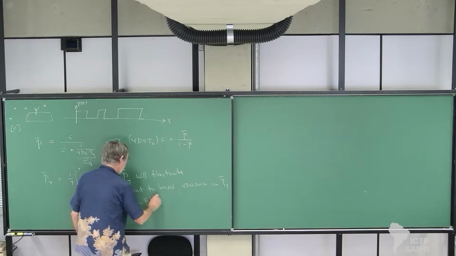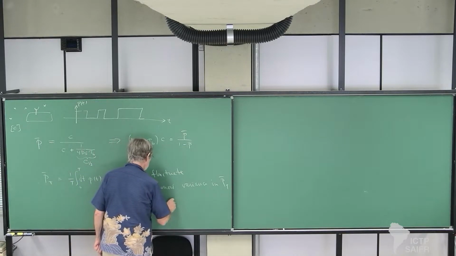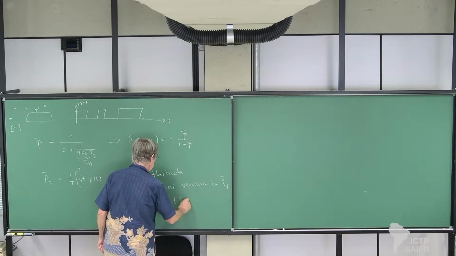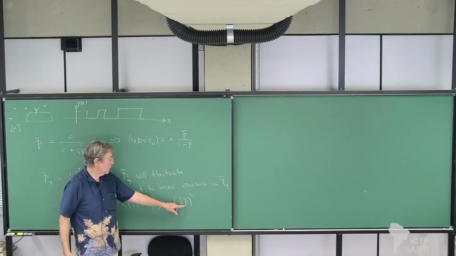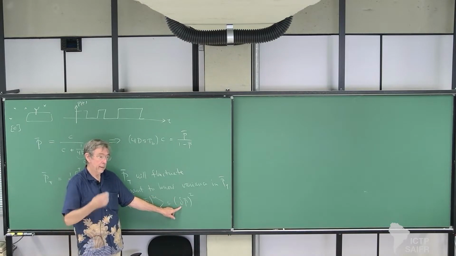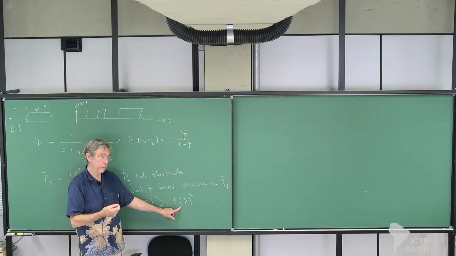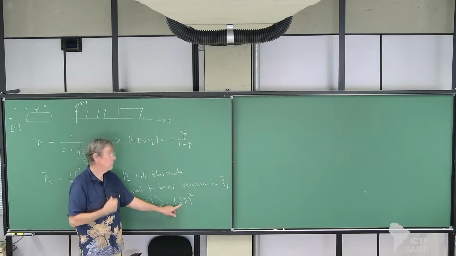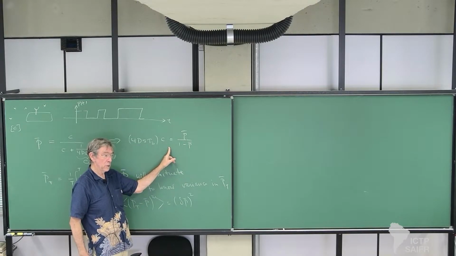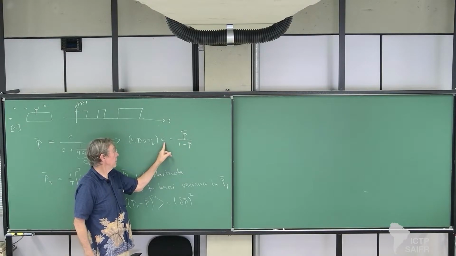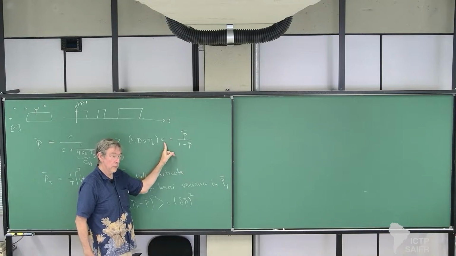So average this, and let's just call that delta p average squared. This is a measure of the error that I'm making in measuring the average occupation number, and that's going to tell me the error I'm making in determining the concentration outside.